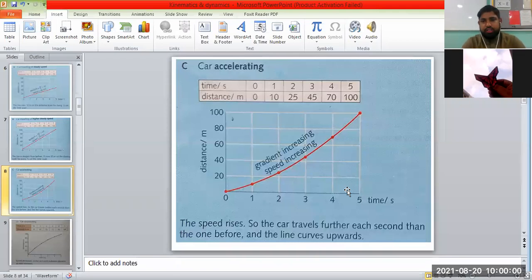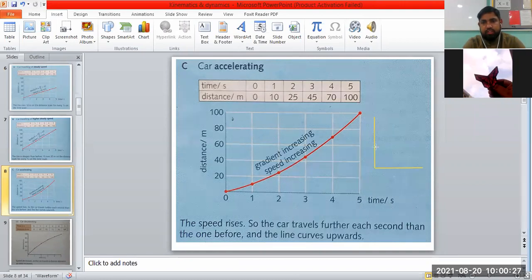I hope you can differentiate between the gradients, so let me draw it here. If we have a curve, here we have a horizontal line.